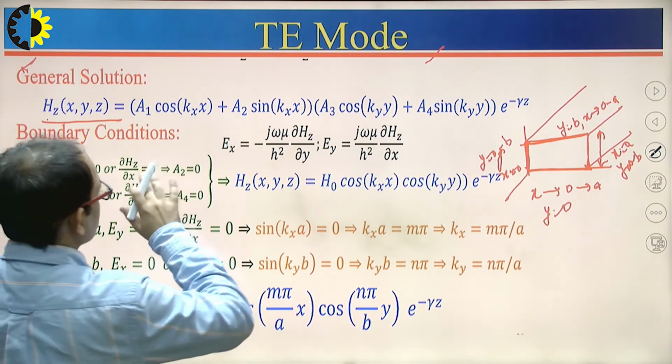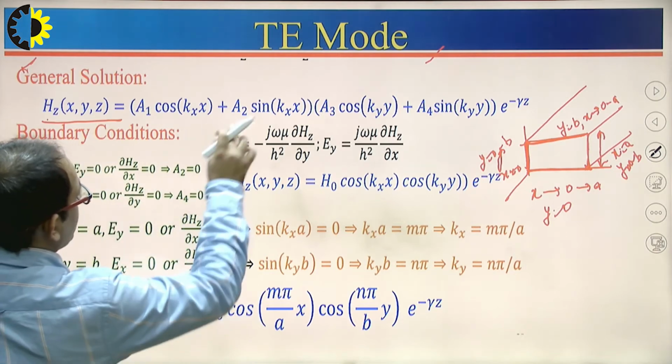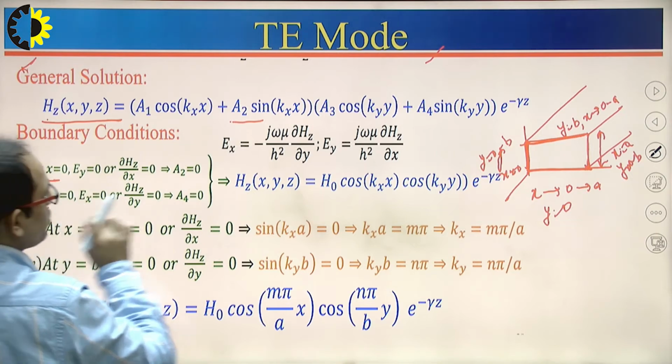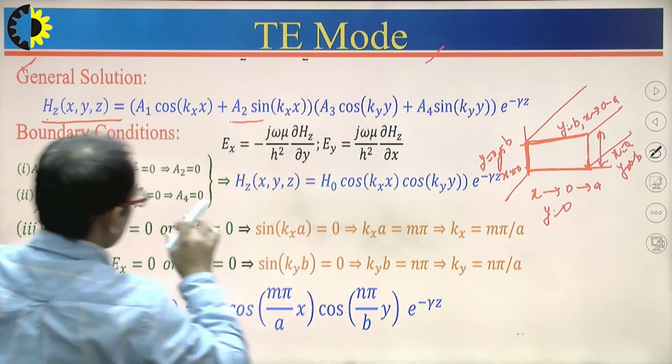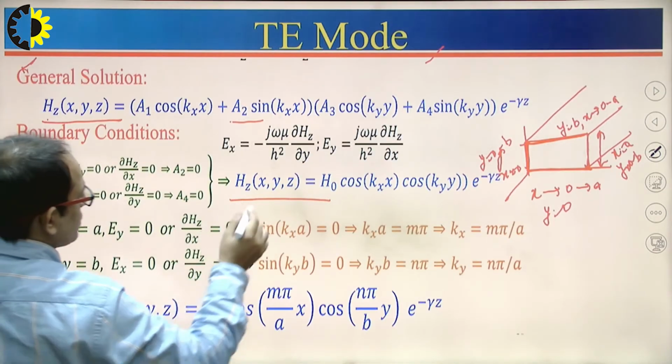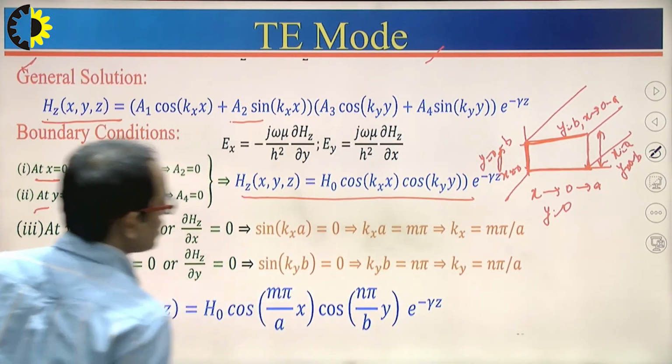Now on putting the boundary condition at x equal to 0, you will see here that A2 comes out to be 0, and at y equal to 0, A4 comes out to be 0. On putting this value, we will get the Hz equal to this equation.